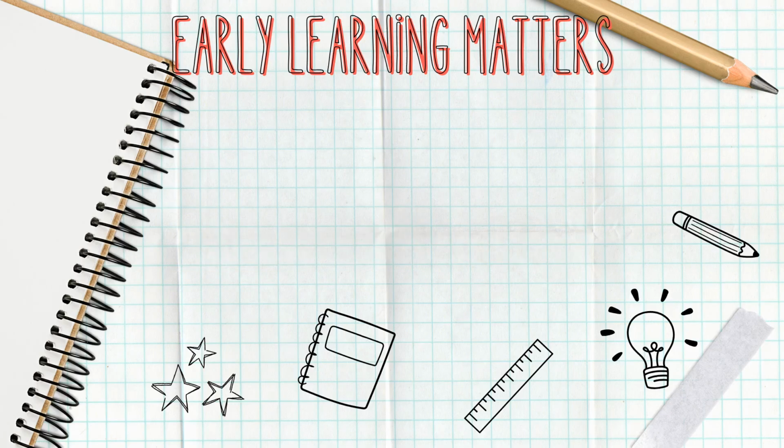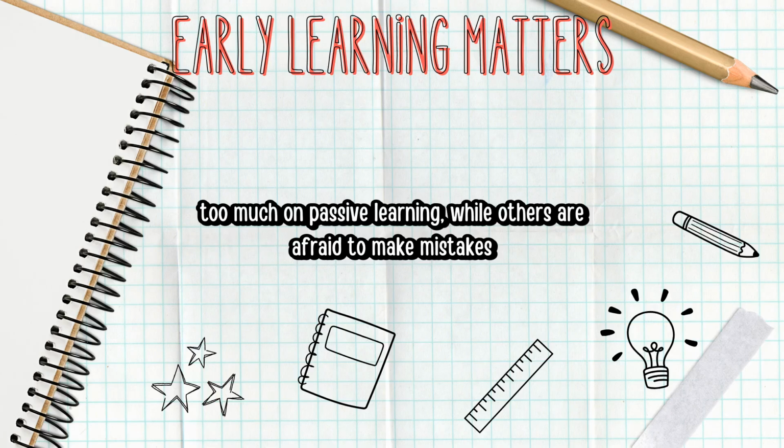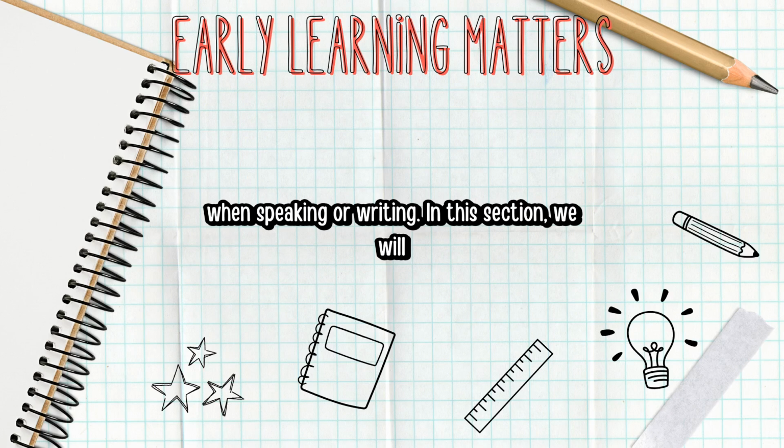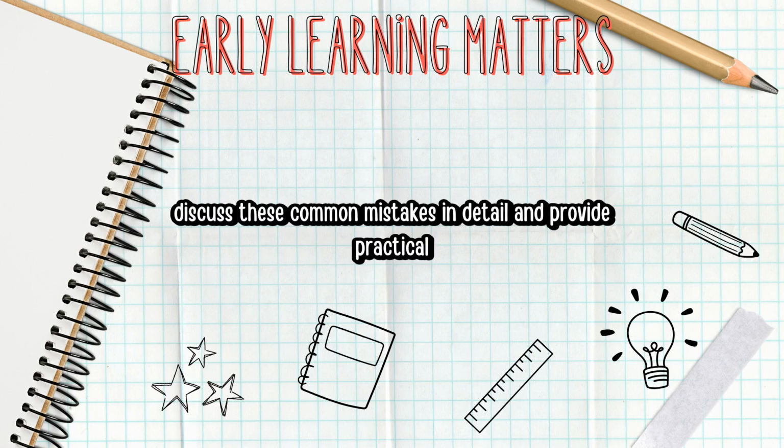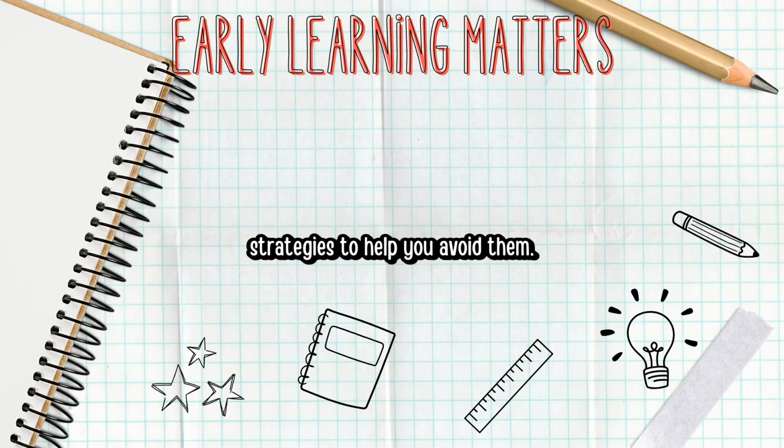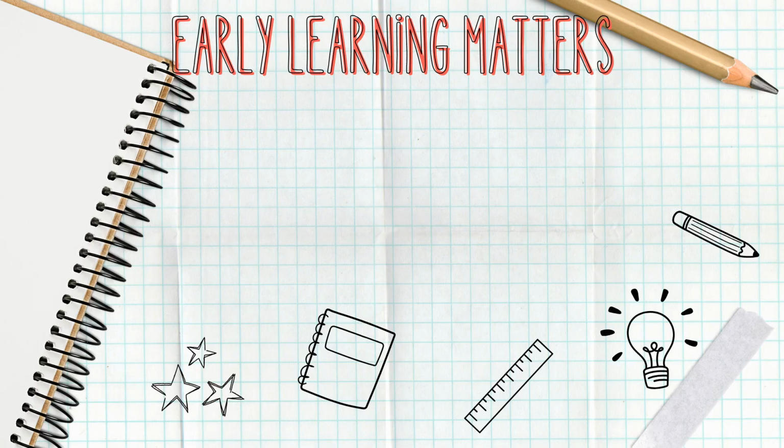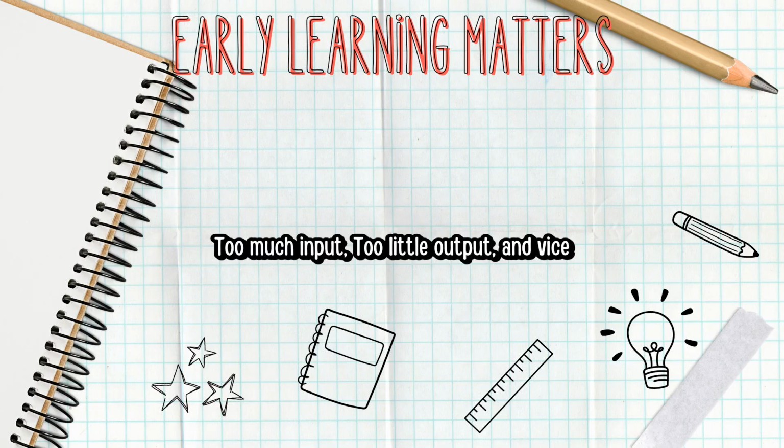Some rely too much on passive learning, while others are afraid to make mistakes when speaking or writing. In this section, we will discuss these common mistakes in detail and provide practical strategies to help you avoid them. Mistake number 1: too much input, too little output, and vice versa.